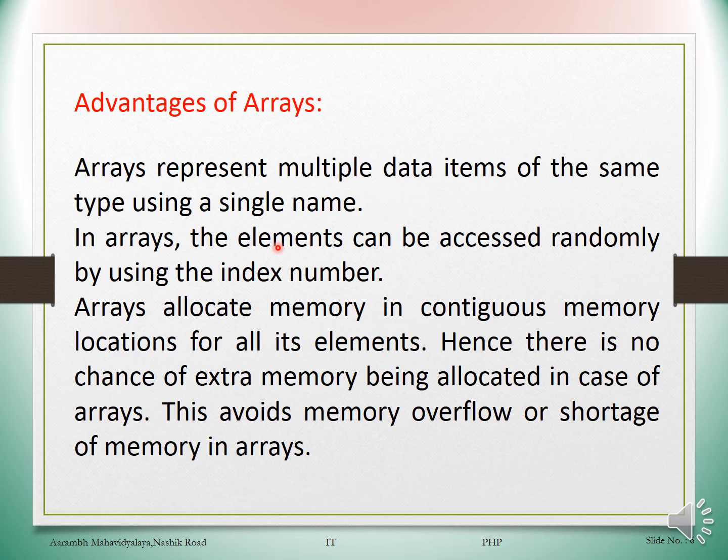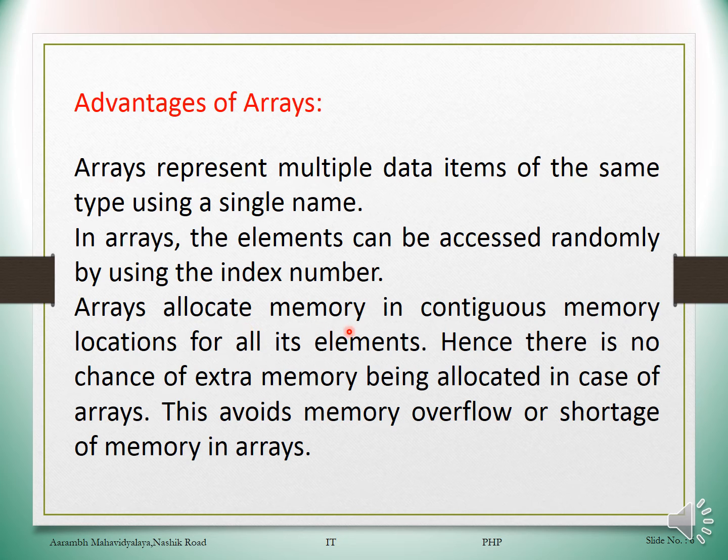In arrays, the elements can be accessed randomly by using the index number. Index number means if you are giving an array of 100, then from the first element to the last element each has a specific index number, and by using that specific index number we can randomly access any element within the large range.